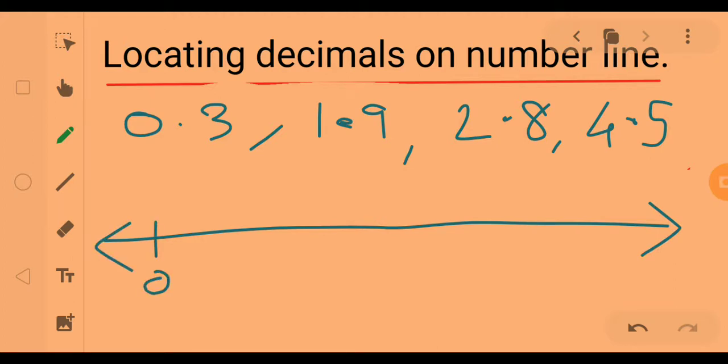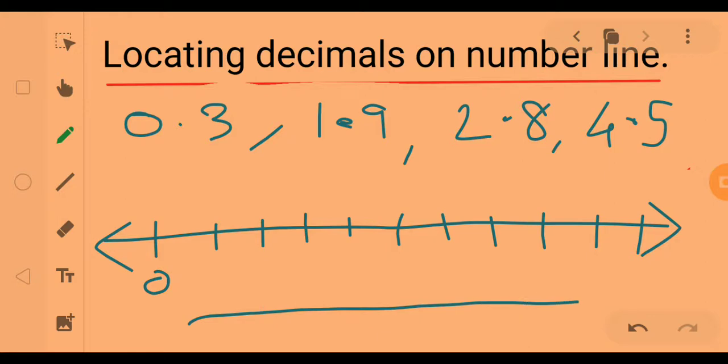Then we start marking 0, and then 1, 2, 3, 4, 5, 6, 7, 8, 9, 10. I can't fit it, so I am drawing one more line and continue 1, 2, 3, 4, 5, 6, 7, 8, 9 and so on. Each division should be equidistant.